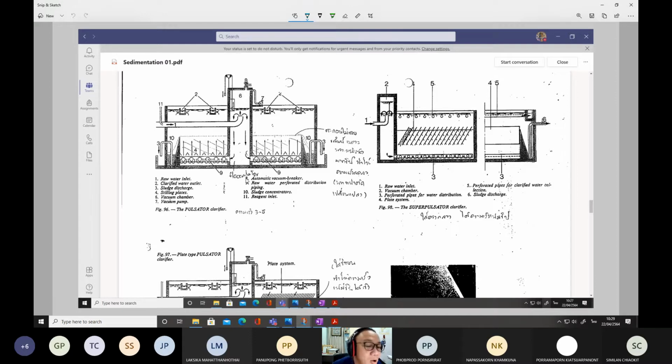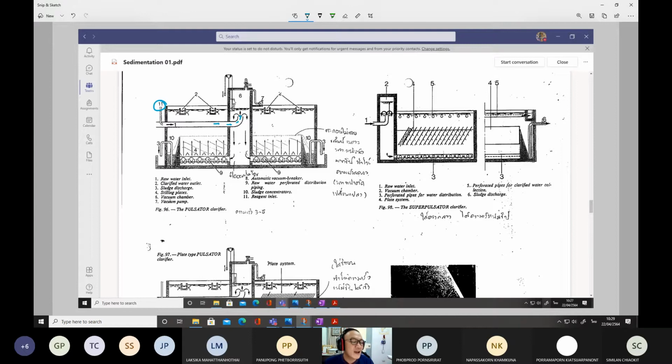Three processes are occurring in this chamber. One is coagulation, so chemicals are added here, and then the liquid gets into these tanks via this pipe. This is the entrance, where the water enters the central tower in this tank.